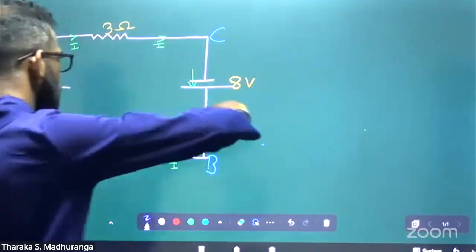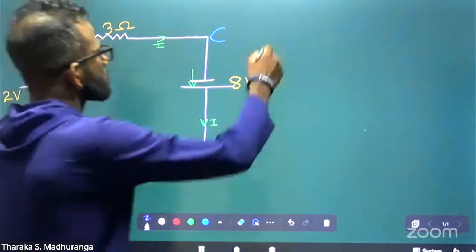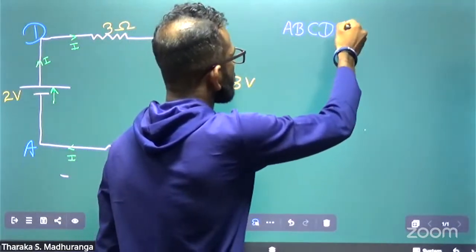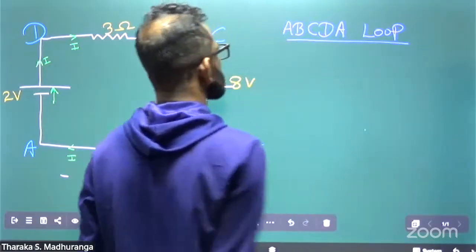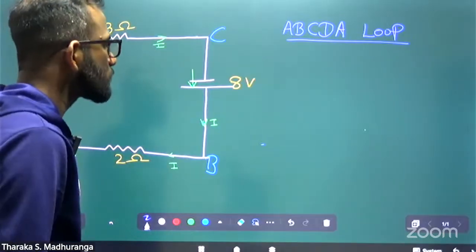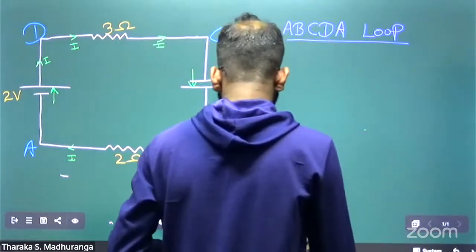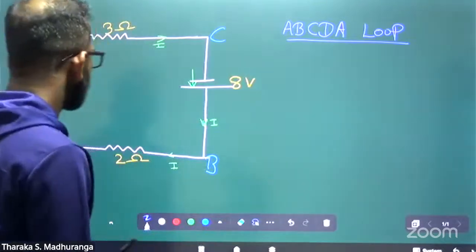Which coordinate can we use? A, B, C, D, A loop, circuit loop. I am going to apply Kirchhoff's second law. Okay, now what can we do?